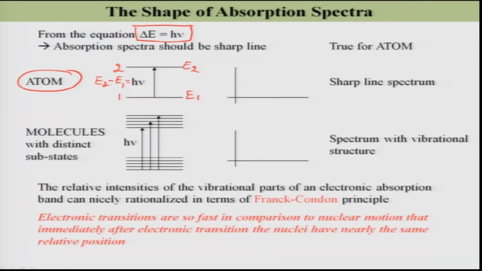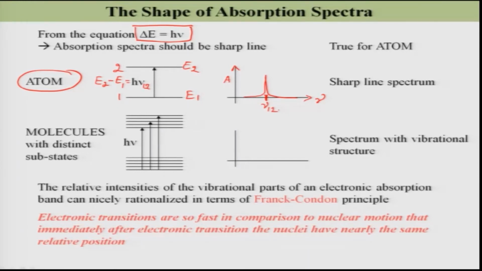And in this case if you plot nu or lambda, whatever I want I can plot, and if I plot absorbance, A, what will I get? I will get a sharp line like this, right, and this particular value, let me say, let me write as 1 2, this value will be nu 1 2, is it not?